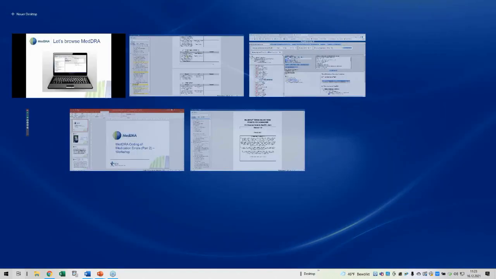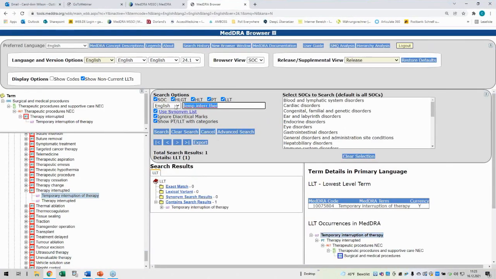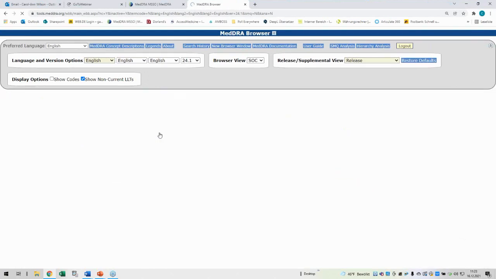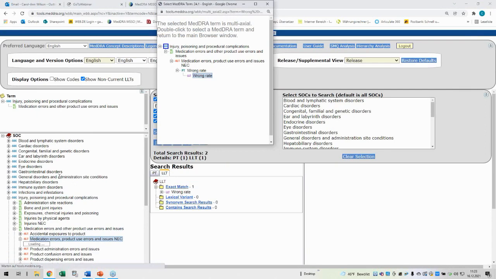Let us again check how we can approach this verbatim, and what are the LLTs that we could select. Again, the wrong rate is just capturing one specific part of the information. Here we have the wrong rate. Again, I showed this earlier.